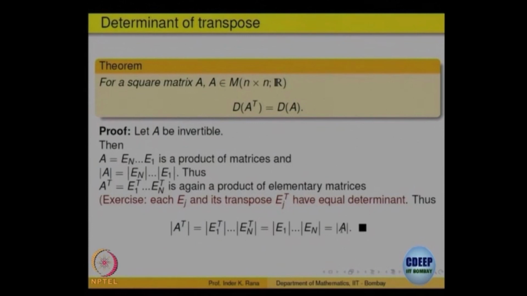So, the problem is reduced to elementary matrices again. Again and again we are using that if the matrix is invertible, it is a product of elementary matrices, and determinant for elementary matrices has the product property. Determinant of a product of elementary matrices is equal to the product of the corresponding determinants.